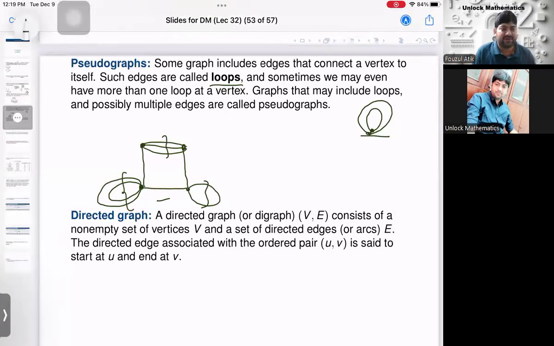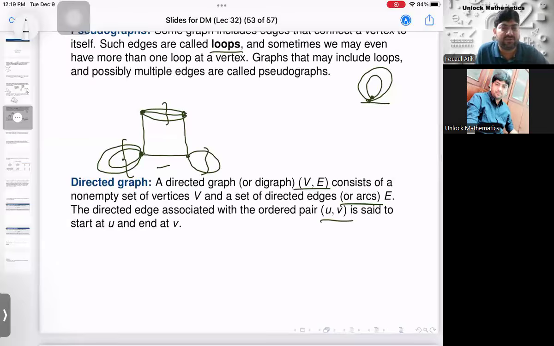And what does a directed graph mean? A directed graph, or digraph (V, E), consists of a non-empty set of vertices V and a set of directed edges E. The directed edge associated with the ordered pair (u, v) is said to start at u and end at v. Till now, the graphs we discussed were all undirected because there was no direction involved.